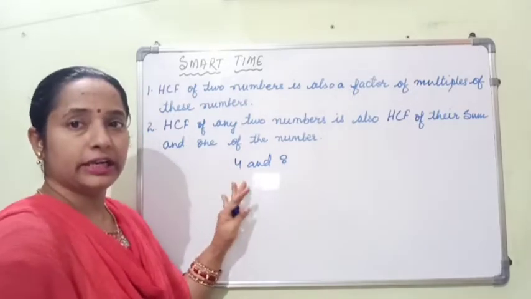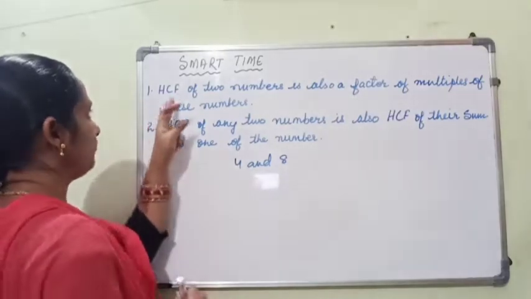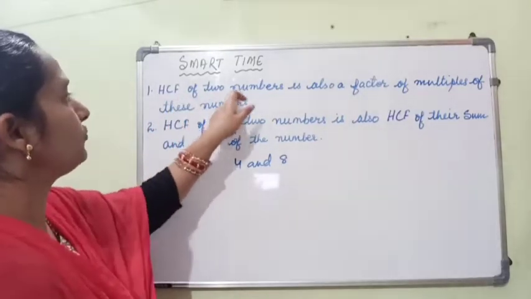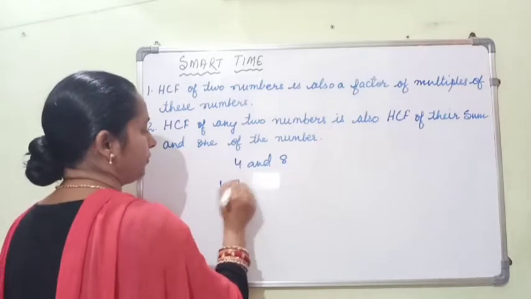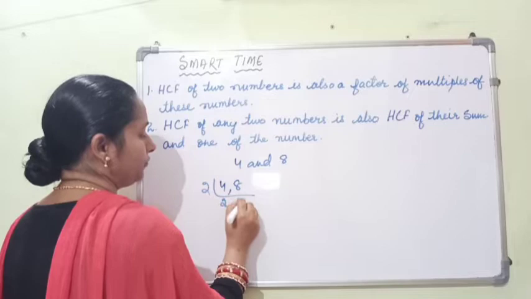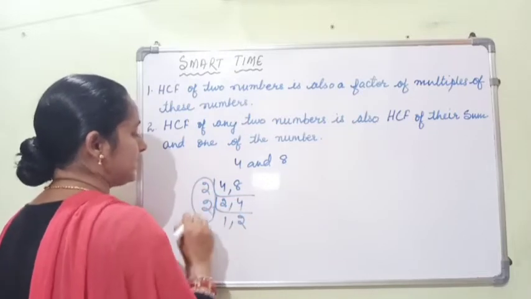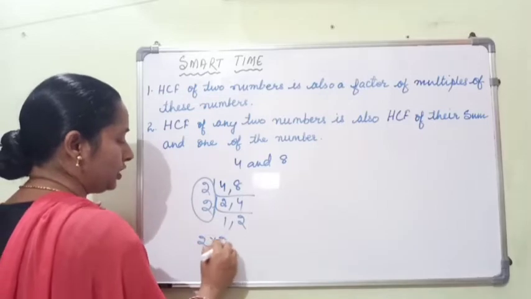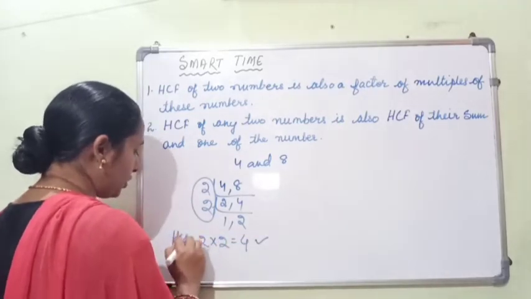According to the first fact, first let us find the HCF of 4 and 8. 2 2s are 4, 2 4s are 8, 2 1s are 2, 2 2s are 4. So we get HCF as 2 into 2 equal to 4. Here the HCF is 4.